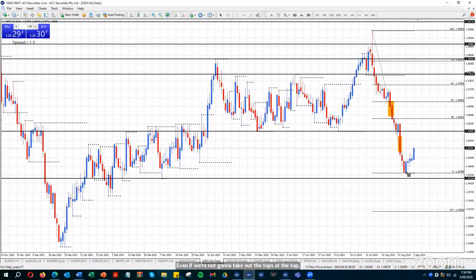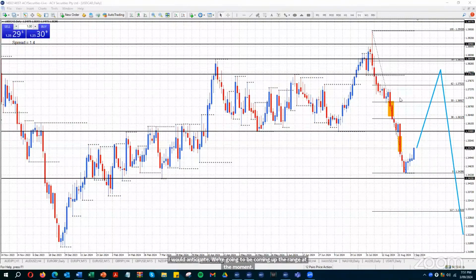Even if we're going to move lower long term, we will probably see a move back up now to the 62 or the 79% level or area before then coming down. So I would anticipate we're going to be coming up the range at the moment, filling these imbalances. We could then top out for a lower top to form, or this is the next start of the bull move on the monthly chart.